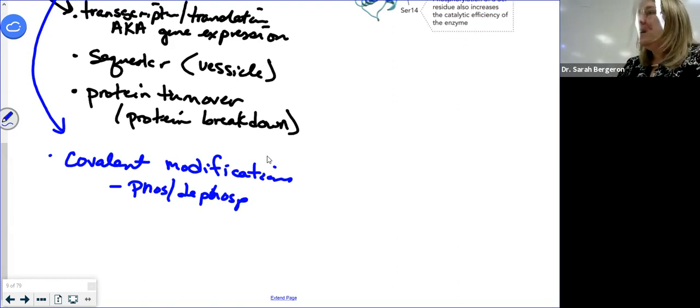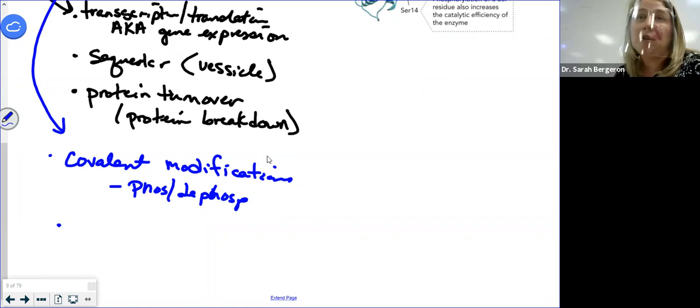So that's one thing. So why would a covalent modification lead to a change in catalytic activity? So it changes the conformation of the protein. Anything that's going to change the conformation of the protein is going to change the activity of the protein. So the same is true about other regulatory molecules binding.